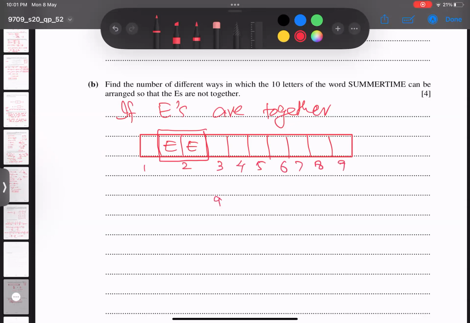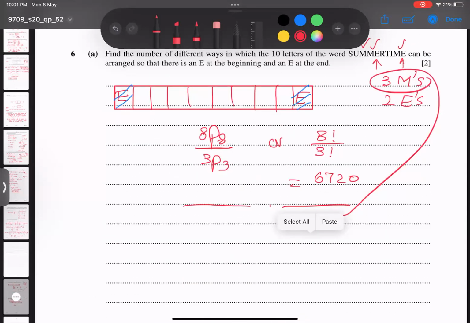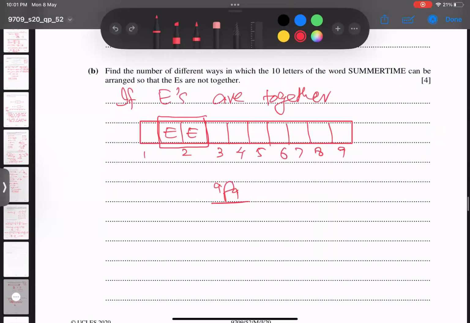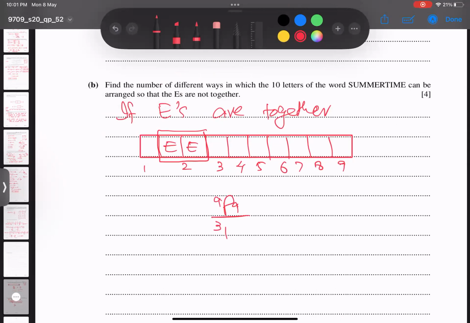So 9P9 together, and there are three M's also dividing. I'm dividing by the 3 M's.